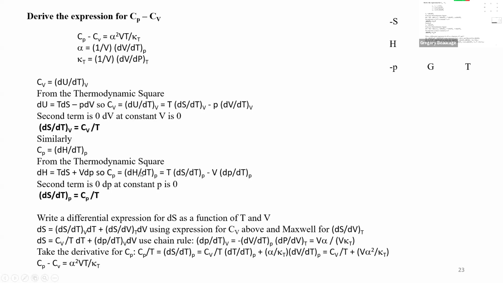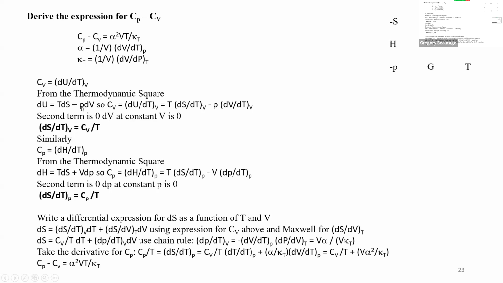So you put dH in there, which is TdS, and end up with T dS/dT at constant P. That term drops because it's constant pressure, right? So that gives you this weird thing that the heat capacity is the change in entropy with temperature times temperature. And the same thing goes if you do dU is -PdV + TdS from the square, right?